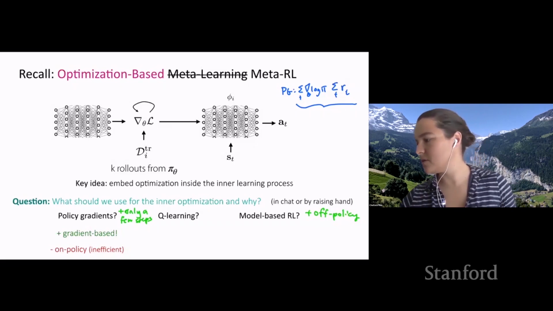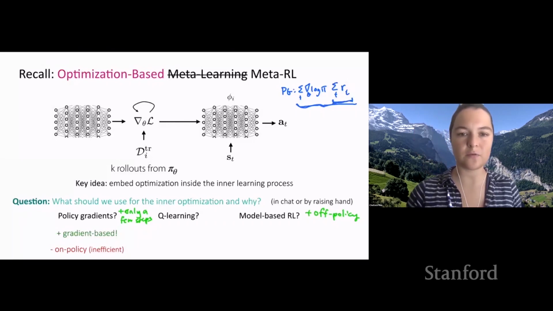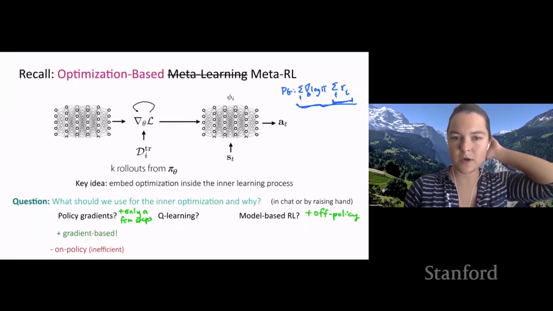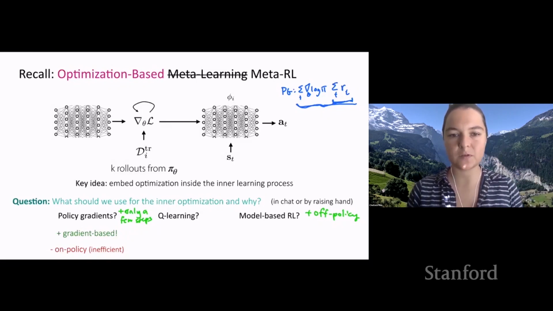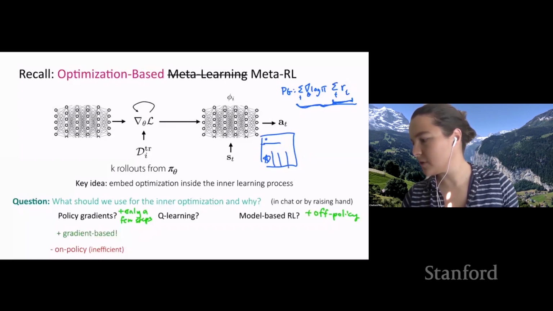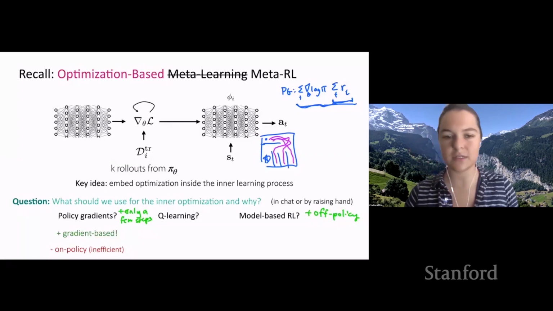In particular, one thing you might notice with this form of the policy gradient is that if the reward function is sparse or not very informative, then this policy gradient isn't going to tell you that much about the dynamics or the task. Say, for example, you're in a maze, you start off right here, the goal is right here, and maybe one trajectory looks like this, another looks like this, and another looks like this.